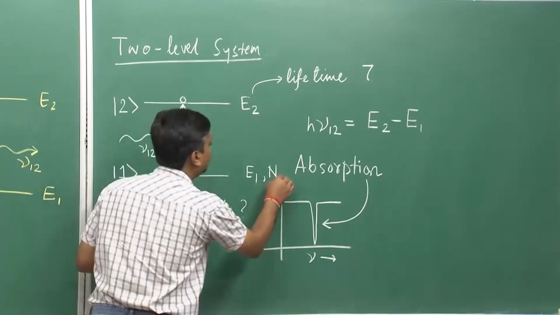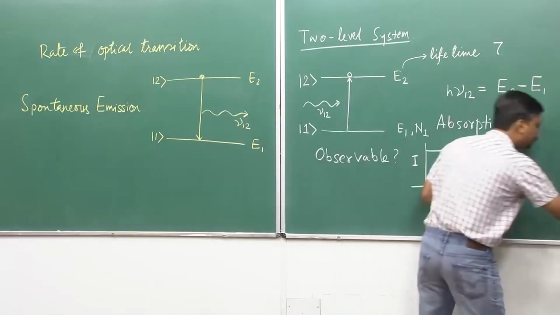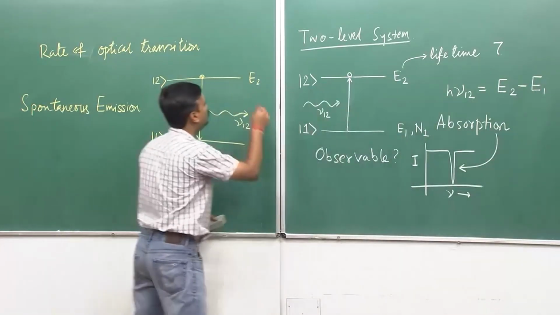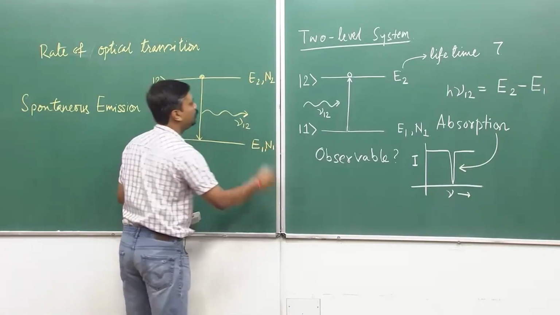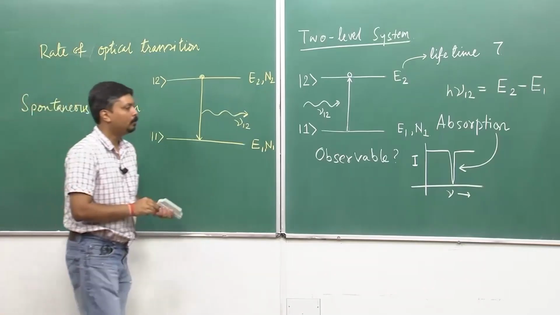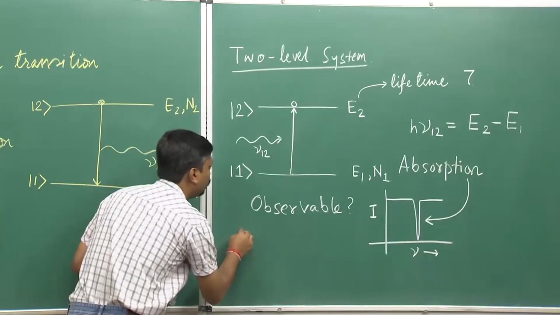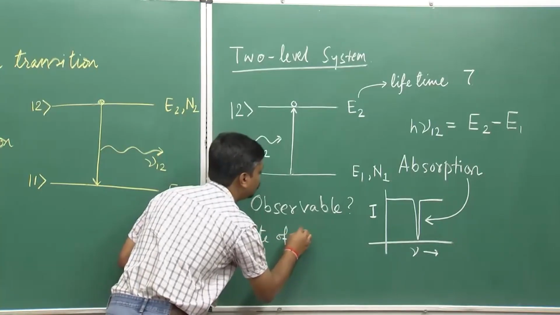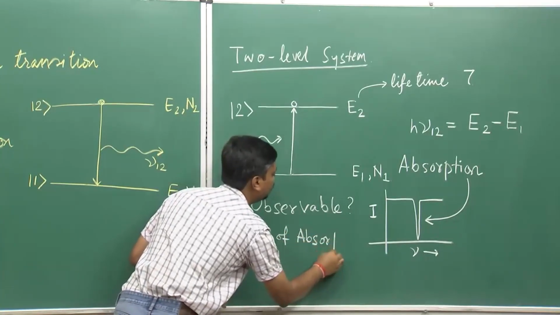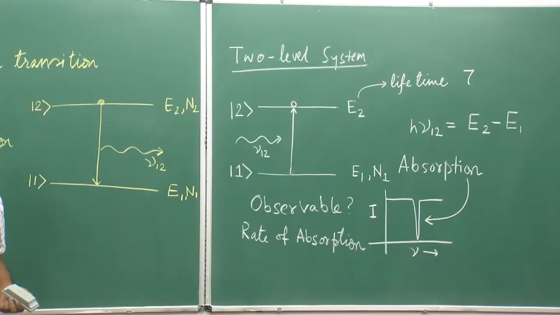If I say N1 is the population of ground state 1 and N2 is the population of state 2. Now the rate, so rate of absorption, let us consider that first. What is the rate of absorption?